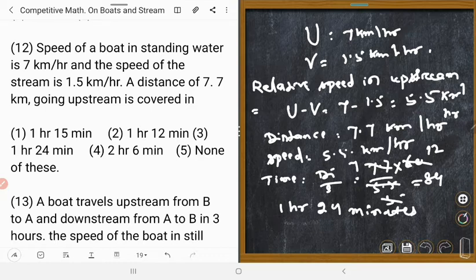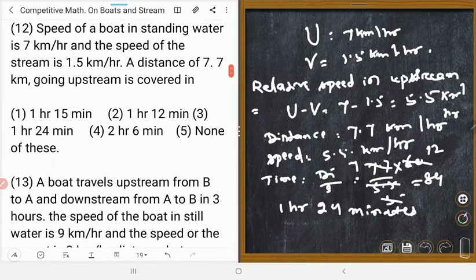Right? What is given? Right answer is number 3. Right? Could you understand or not? Tell me. Yes, sir. Number 3.